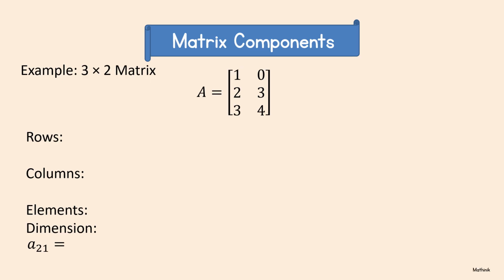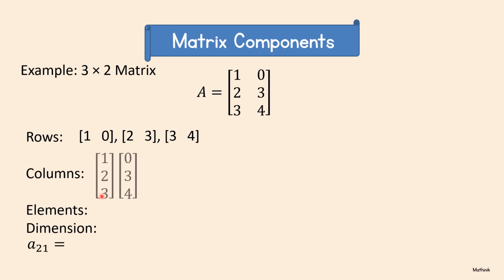Next example, we have a 3 by 2 matrix. The number of rows is 3. Row 1 is composed of 1, 0. Row 2 is composed of 2, 3. And row 3 is composed of 3, 4. Then we have columns. The number of columns is 2.